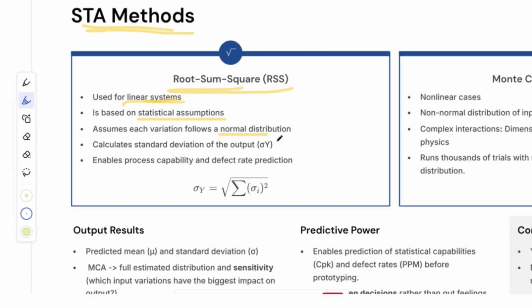It is based on statistical assumptions, assuming that each variable follows a normal distribution rather than a uniform distribution. It assumes that it's more likely that the dimensions are close to their mean or nominal value and very rarely at their extreme values. And that's the key statistical assumption in the root sum square method. RSS method gives standard deviation of the output or dependent variable.